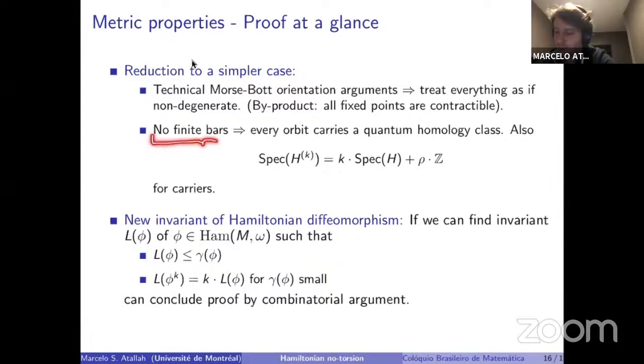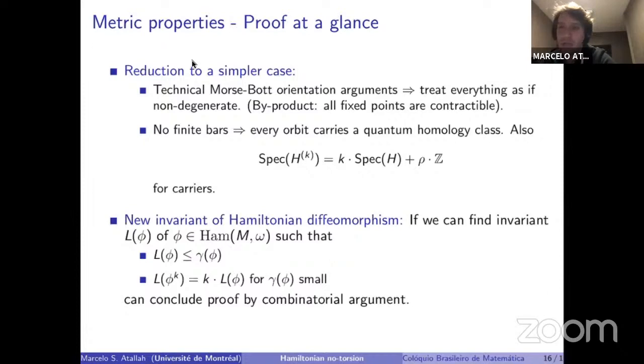Recall that we had already shown that the barcode associated to a Hamiltonian diffeomorphism has no finite bars. And what this implies is that every orbit, in some sense, carries a quantum homology class.